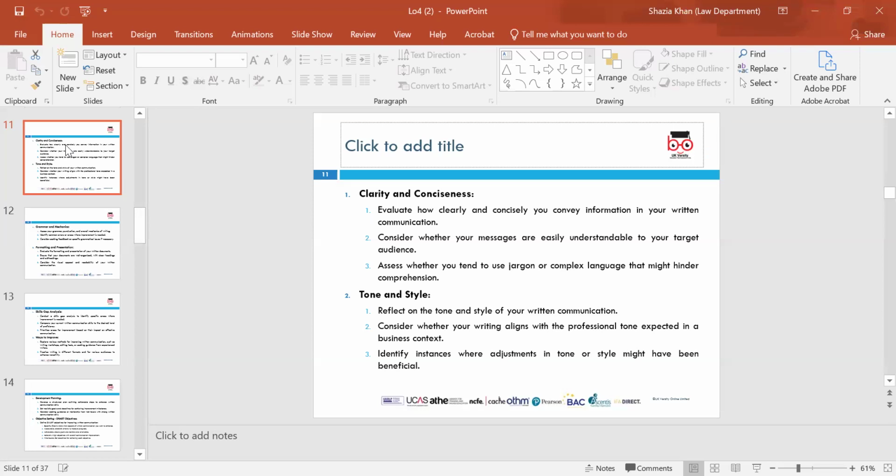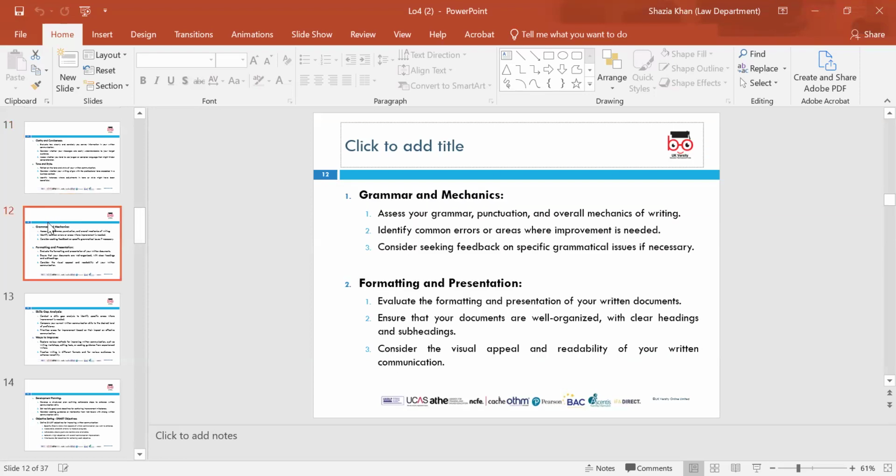Consider whether your writing aligns with the professional tone, as I've just mentioned, expected in a business context. So if you're doing an email or letter, avoid using things like slang and jargon, because you need to write this email or this letter in a professional manner so the other audience is able to understand it. But also there's an element of professionalism within a business. Also, identify instances where adjustments in tone or style might have been beneficial.